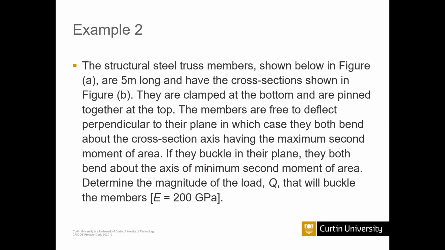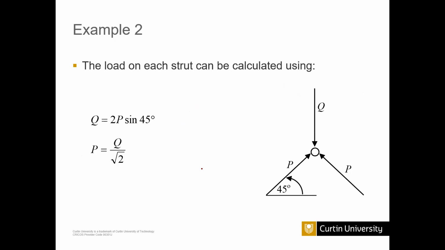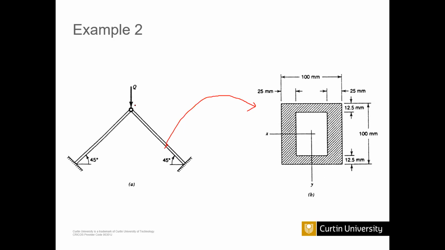So load Q will be applied here, and with the angles, this is a kind of symmetric. Okay, 45 degrees. When we apply the perpendicular load, it will distribute symmetrically. So if it is Q, this is also 45. This is Q cos 45.